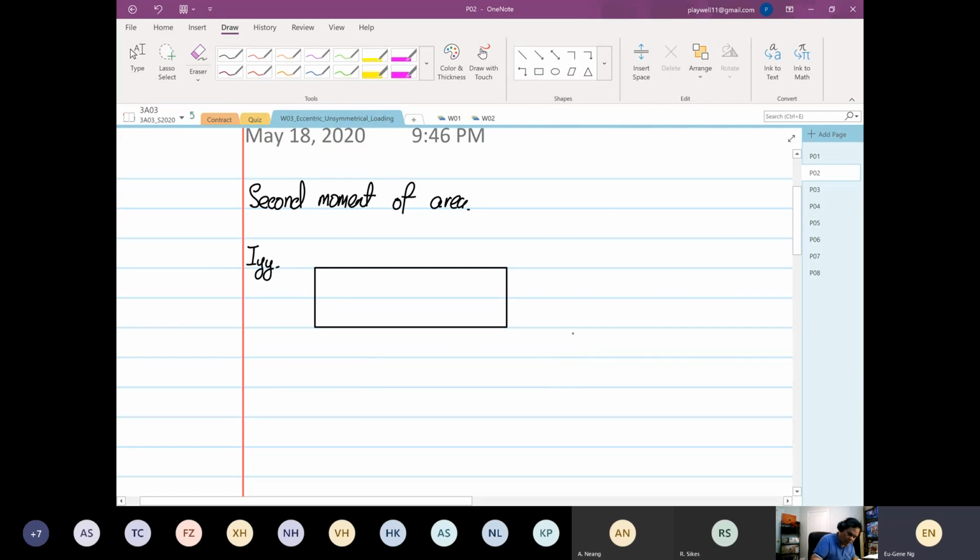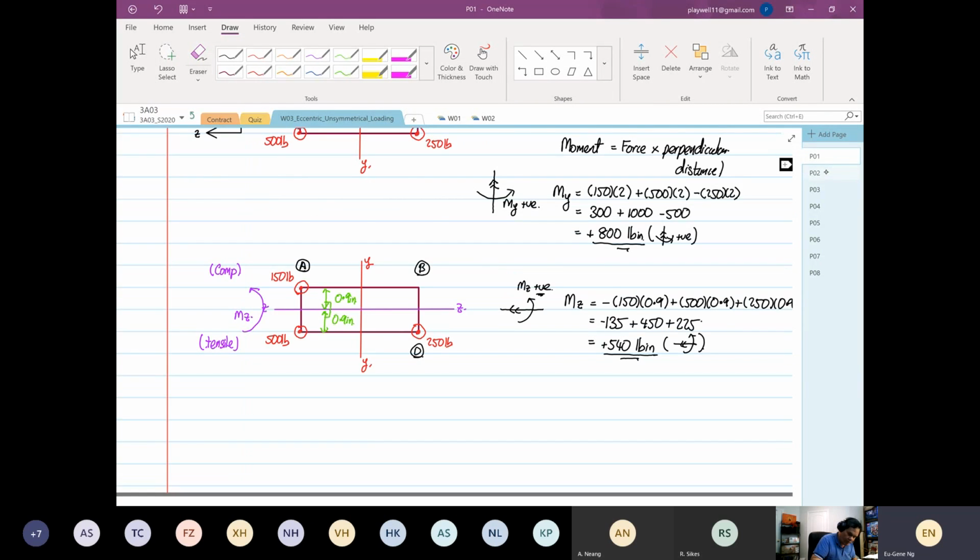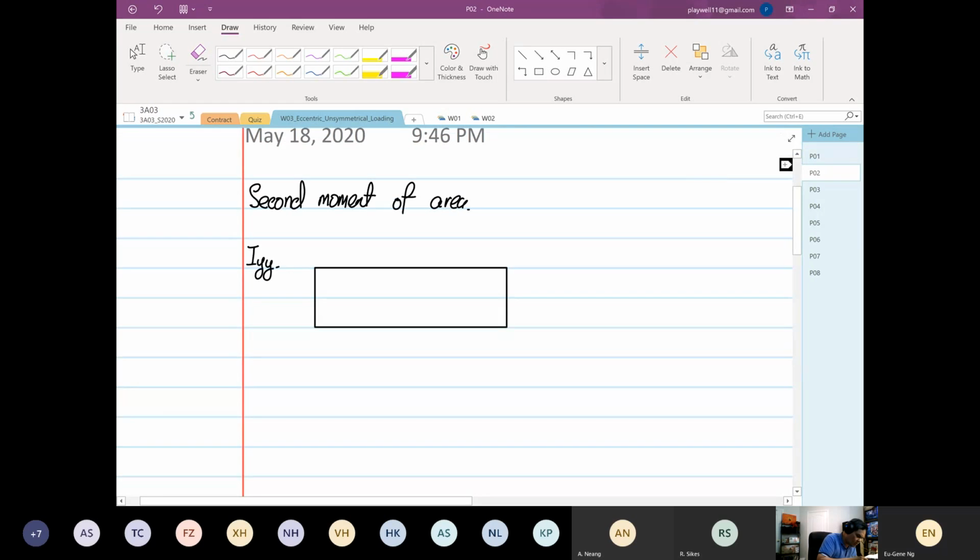So if you look over here, this is our YY axis. Like what I've taught you before, parallel to the axis is the width, and perpendicular distance, this will be the what? The depth relative to the axis.